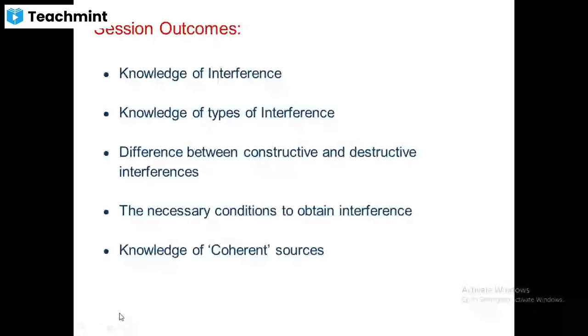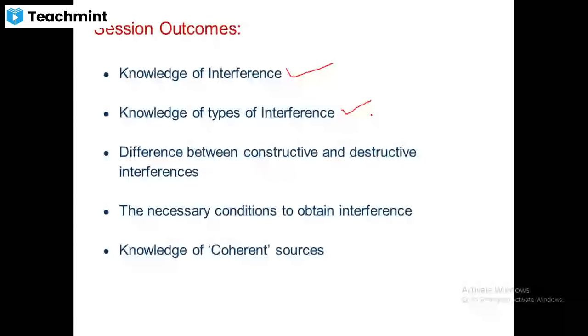Next, the session outcomes. At the end of this lecture, we should have the knowledge of interference. We should know what exactly interference is all about, and the types of interference, how many types there are. We should know the constructive and destructive interference, the two types, and the difference between constructive and destructive interference.